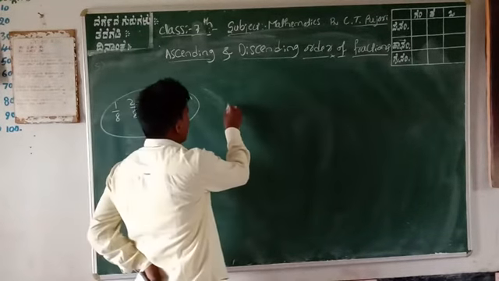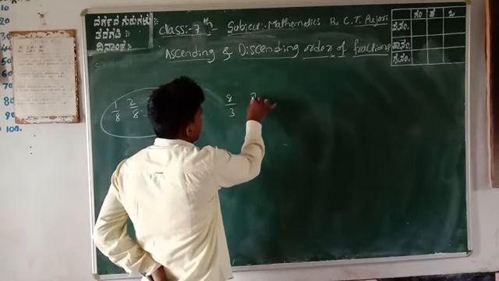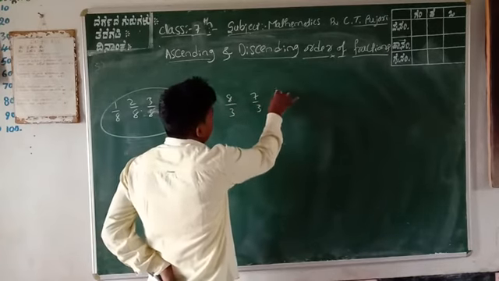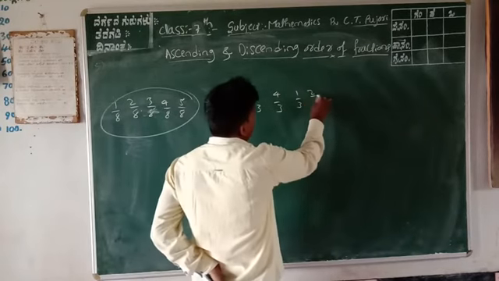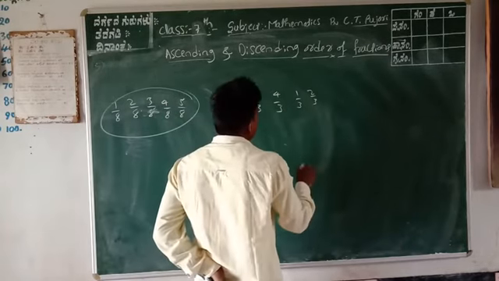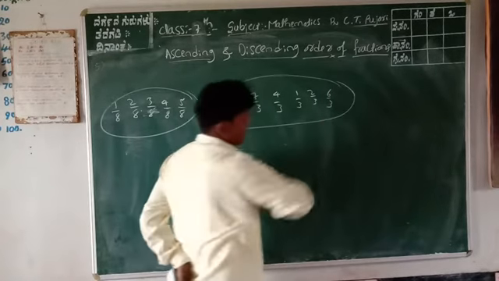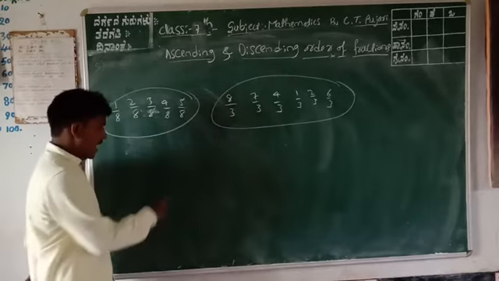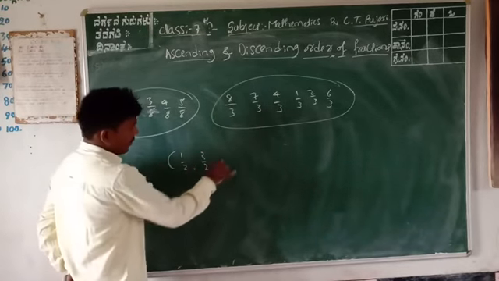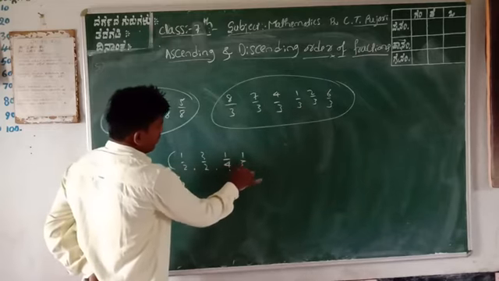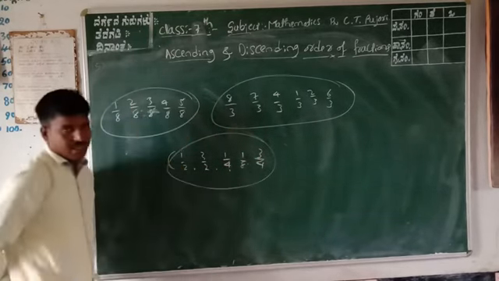No problem. 8 by 3, 7 by 3, 4 by 3, 1 by 3, 2 by 3, 6 by 3. These are also some fractions. And also otherwise 1 by 2, 3 by 2, 1 by 4, 1 by 8, 3 by 4. These are also some fractions.